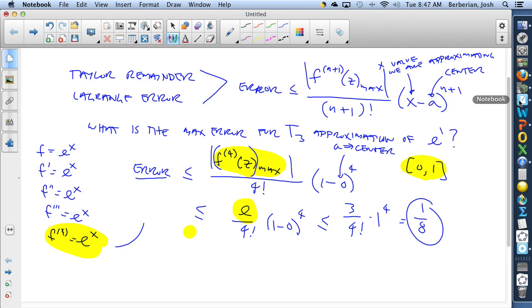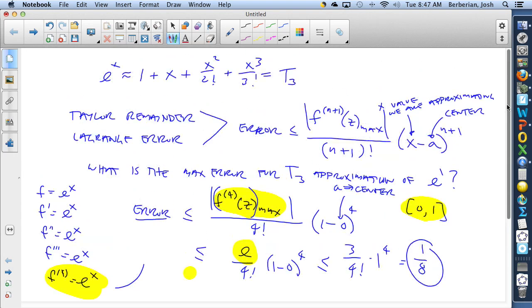Well, coefficients are equal to the derivative of the function over n factorial, and then instead of being multiplied by x, it's going to be multiplied by x minus a. Instead of x squared, it's going to be x minus a quantity squared.